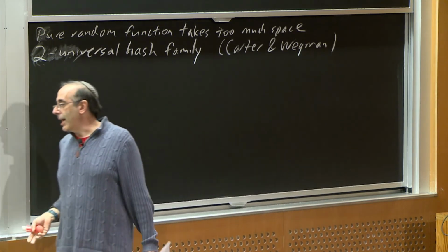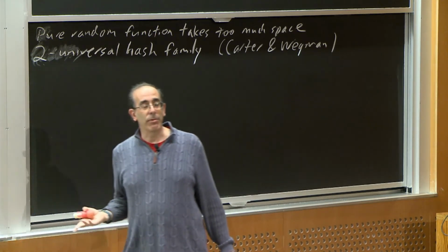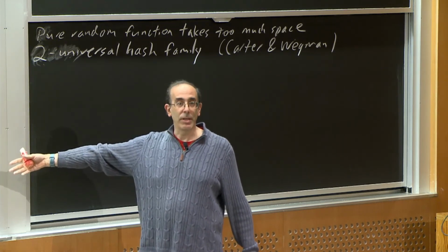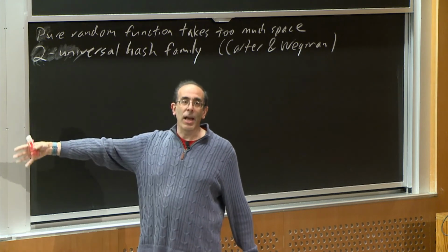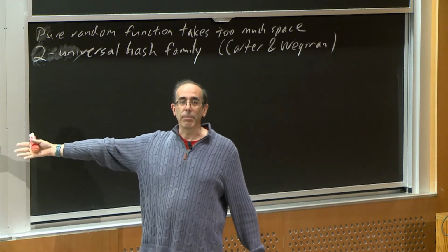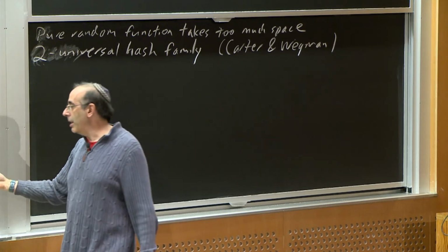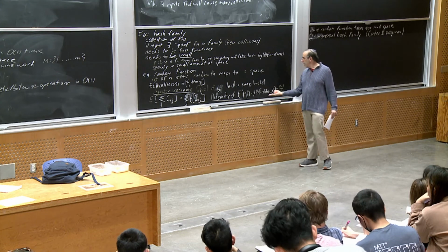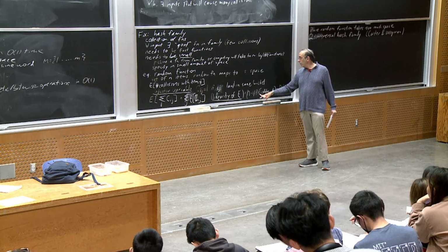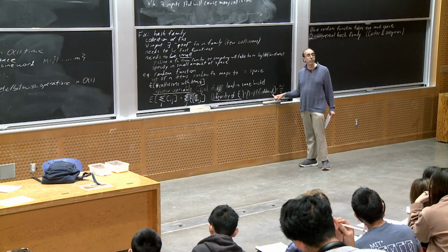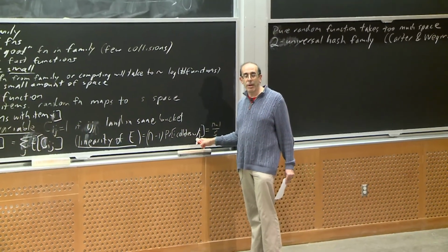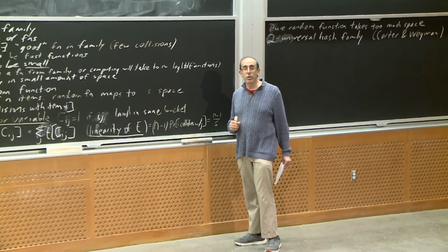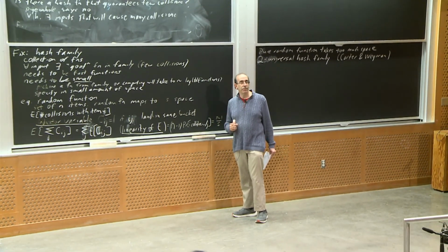Okay. The key insight is that we don't need an entirely random function, because if we look at our analysis, which was very short and very simple, it did not rely on everything about the function being random. The only thing that we really cared about at the end of our analysis was the probability that one item collides with one other item. So the only events that matter to us are events involving just two of the individual items that are being hashed.